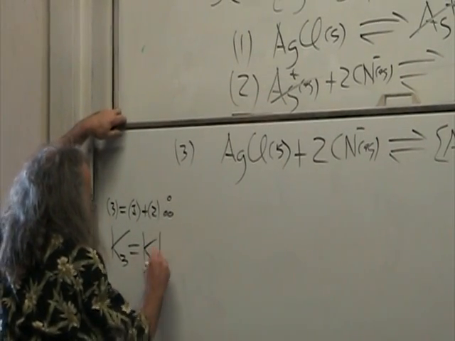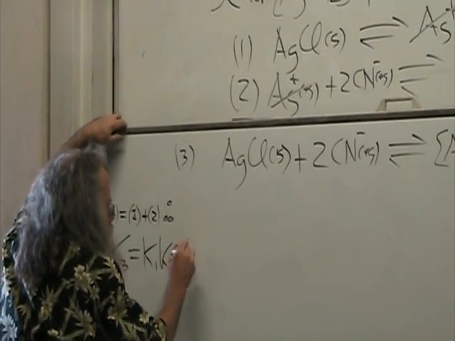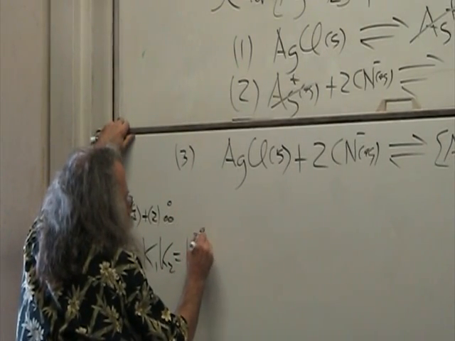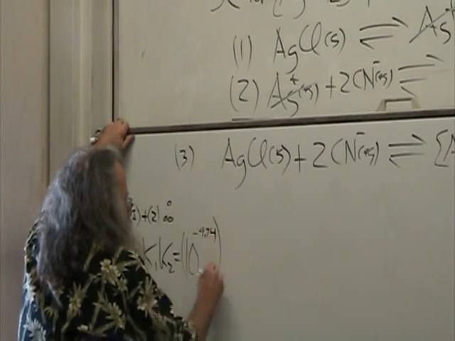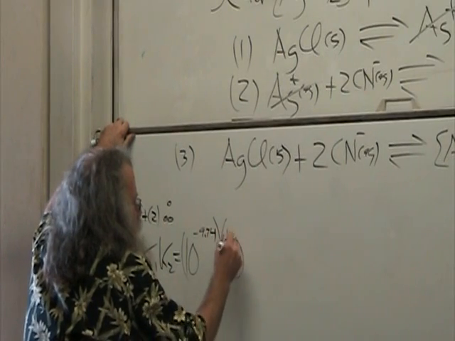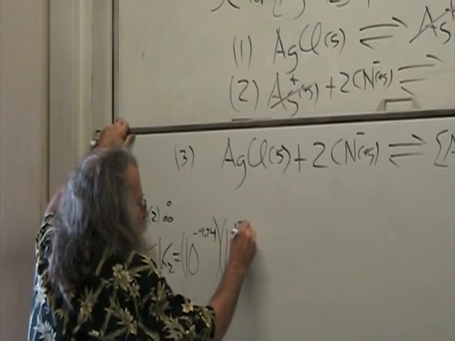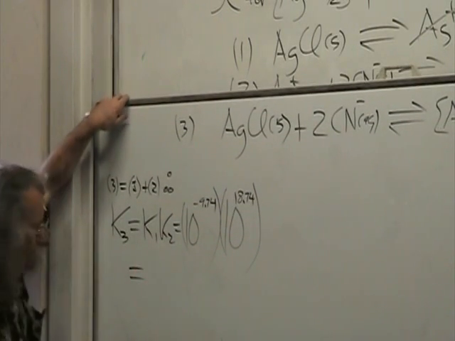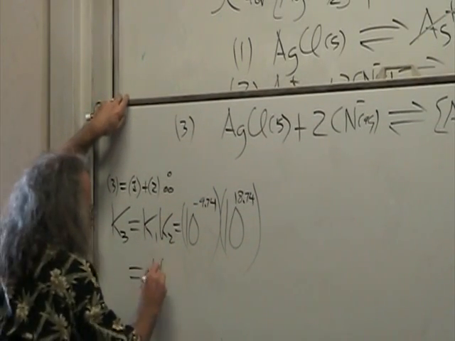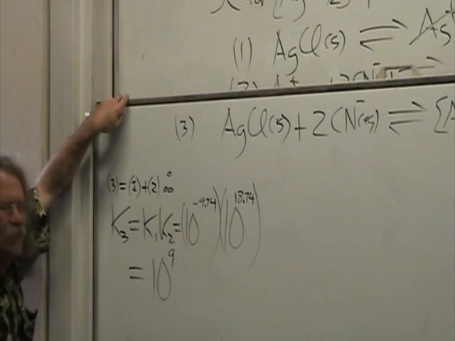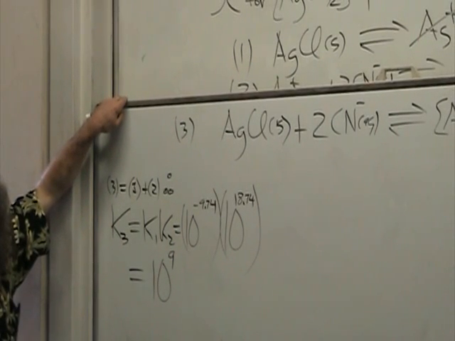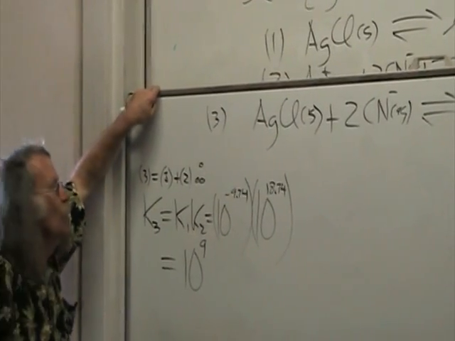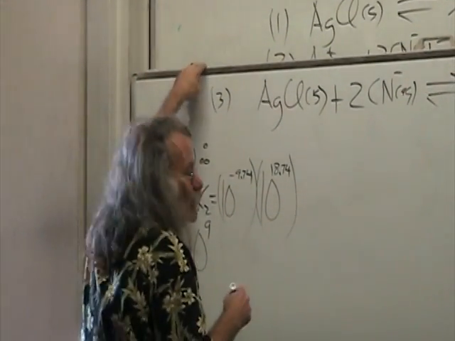K1 times K2 equals 10 to the minus 9.74 times 10 to the 18.74 equals 10 to the 9th. Nice. And these numbers are really just going to make life easy.